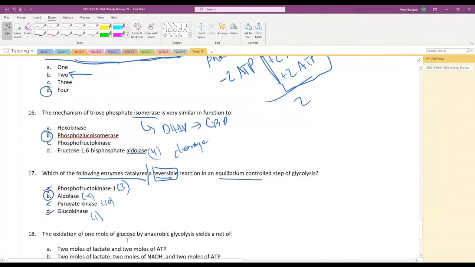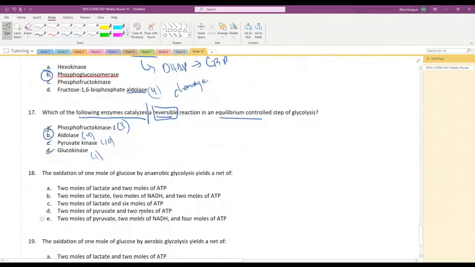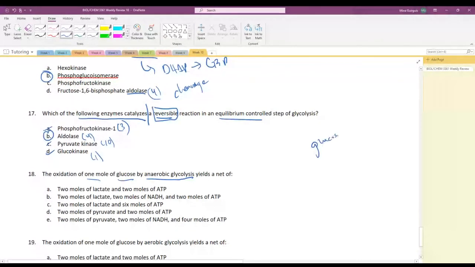This question, number 18, I got very similar ones. I actually included 2 very similar questions on this note because I missed this question on my exam. A very similar question, I should say. So I really wanted to make sure to emphasize being careful. Okay. So the oxidation of 1 mole of glucose by anaerobic glycolysis. Okay. So anaerobic glycolysis is glucose to pyruvate, and then pyruvate to lactate.